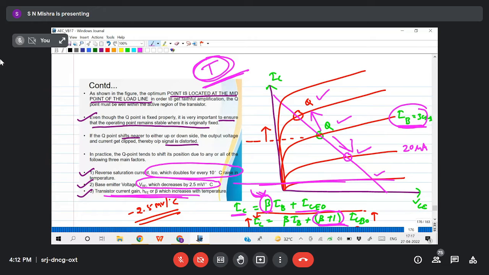So we have to think such that even if the temperature changes, that will not affect my Q point. Wherever I have fixed my Q point, that is at center, that should be fixed. So biasing is nothing but proper choosing of voltage and resistance so that my transistor will operate in active region, as well as fixing this Q point at center of the load line.